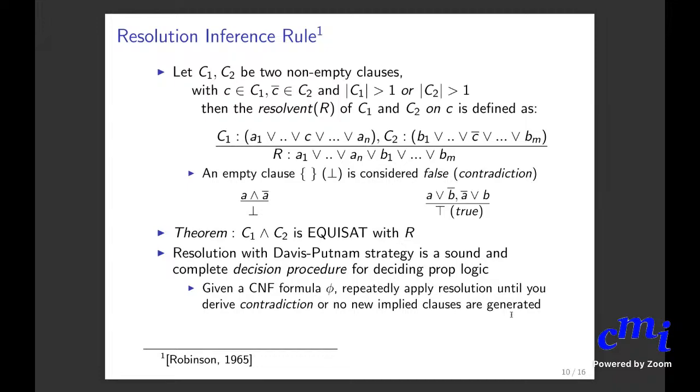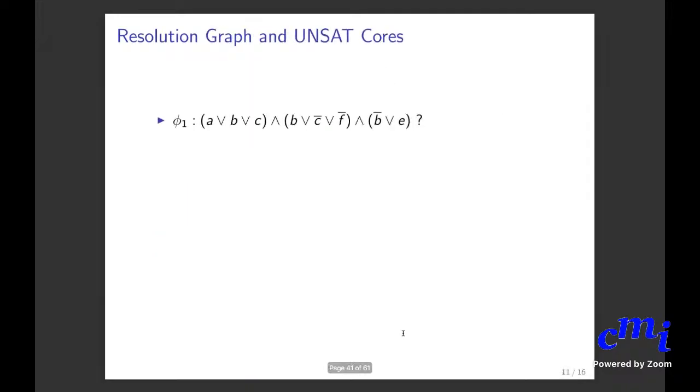The resolvent is equisatisfiable with the original, so it is sound to add the resolvent to the original set of clauses without changing the satisfiability of the original formula. That is what the Davis-Putnam procedure does. You keep doing this until it ends in one of two possible outcomes: if there is a contradiction, phi is unsat, else it is sat.